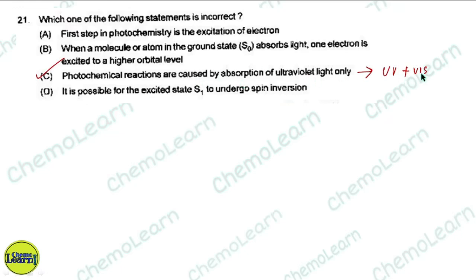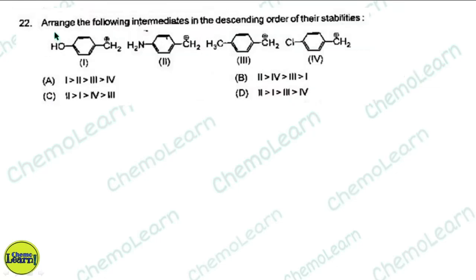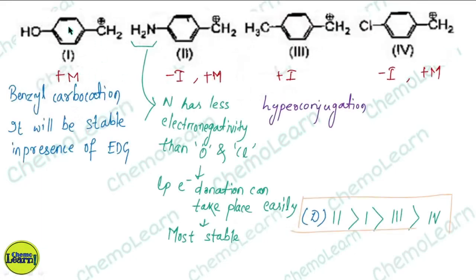Next question is, arrange the following intermediates in the descending order of their stability. We have 4 types of carbocations. See, in option 1 we have an OH group para to this carbocation, and OH is an electron donating group. It has plus M effect, so it will donate its electron to CH2 plus.